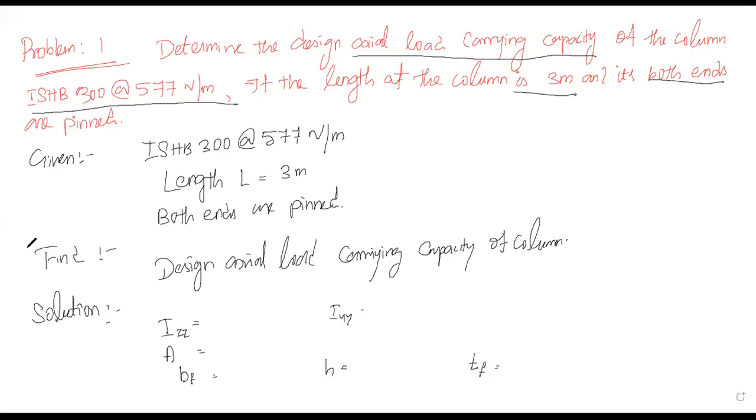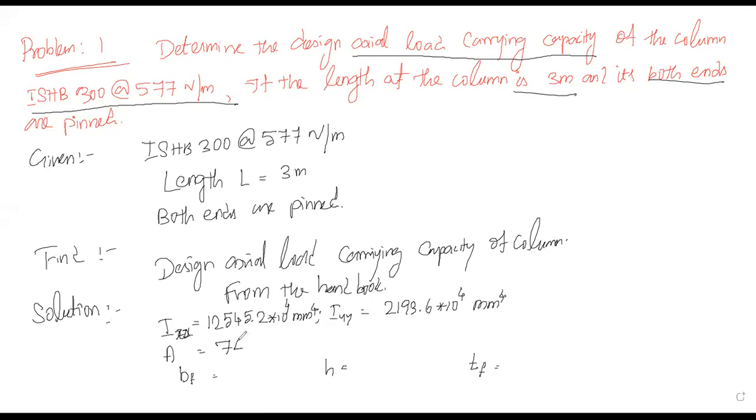So let us go to the calculation part. From the handbook, Ixx or Izz are both similar. The Ixx value becomes 12,545.2 into 10 to the power 4 mm power 4. Similarly, Iyy is equal to 2193.6 into 10 to the power 4 mm power 4.